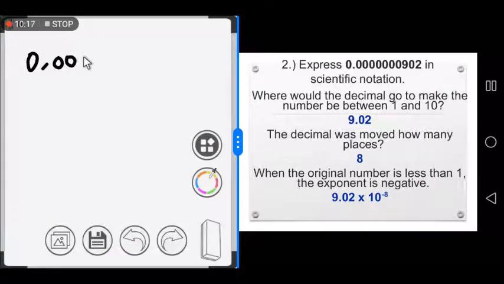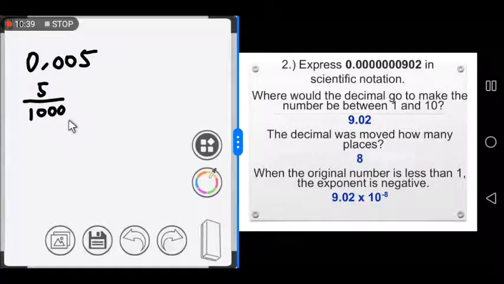Kung babasahin natin to properly, kung matatandaan ninyo yung ating lesson sa rational numbers, this one is read as 5 thousandths. So, kung susulat natin siya in terms of fraction, it's 5 over 1,000.